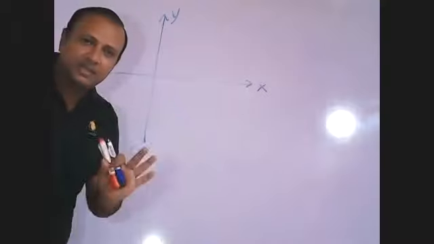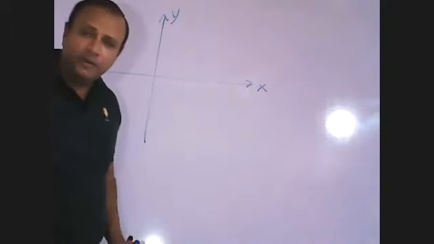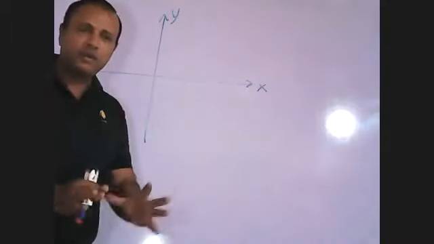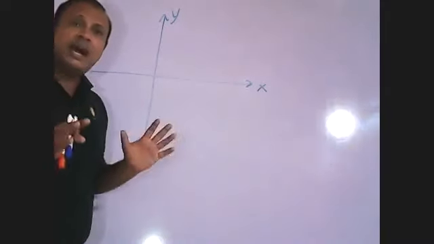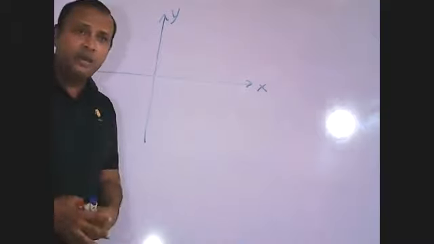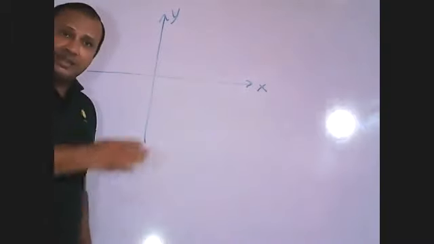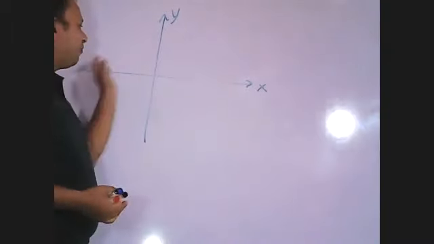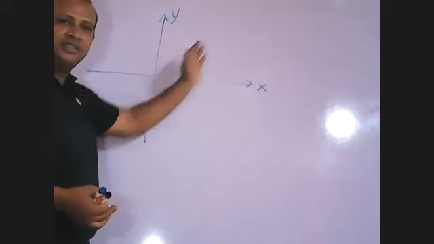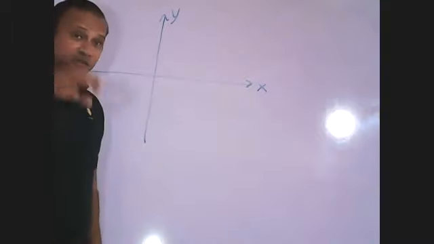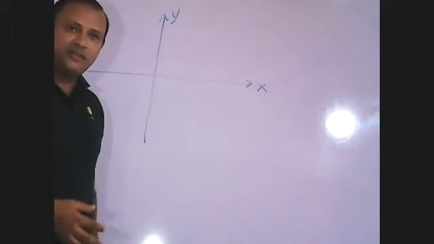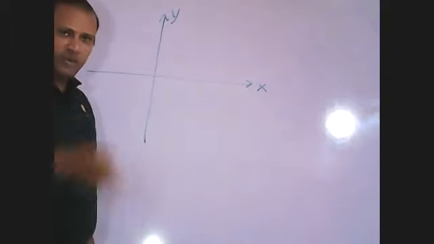Because a graph is a drawing on the Cartesian plane. Therefore, as this is a Cartesian plane, there are four chambers. And therefore, when we are going to draw a graph, we should consider only two factors.